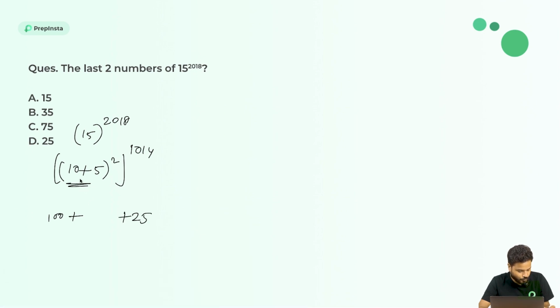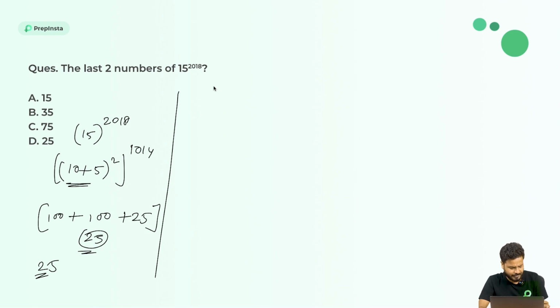What is 2ab? 2 into 10 into 5 is again 100. So what did I get? When I sum them up, I'll get 25 at the end for even powers. So more or less I can say the last digits would always be 25.